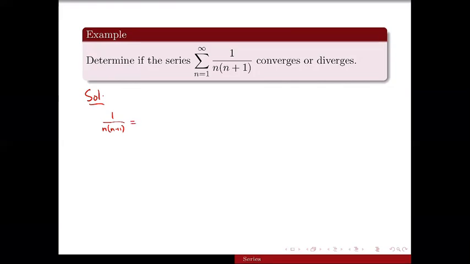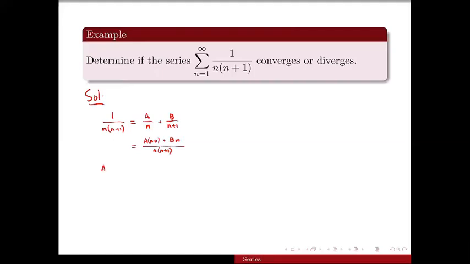So it means you will have something like a over n plus b over n plus 1. And then you combine, you have a times n plus 1 plus b times n, divided by n times n plus 1.